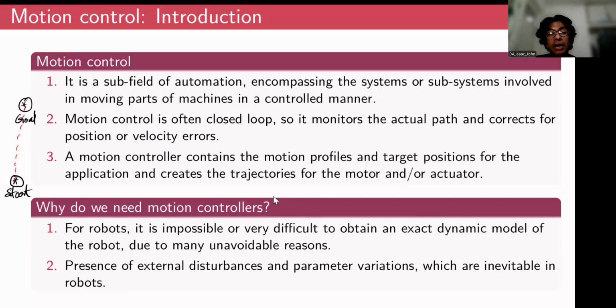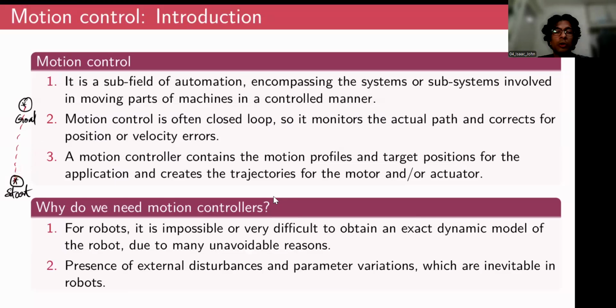Because in real life, there is a high chance that the robot may wander away from this desired trajectory, because of external disturbances, maybe due to unmodeled dynamics, things that we haven't considered in the modeling of the governing equations, or probably wear and tear. There are lots of things that could destabilize a robot or force it to wander away from the predicted trajectory.